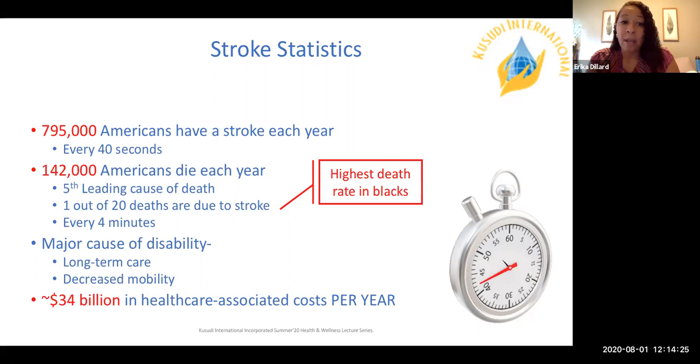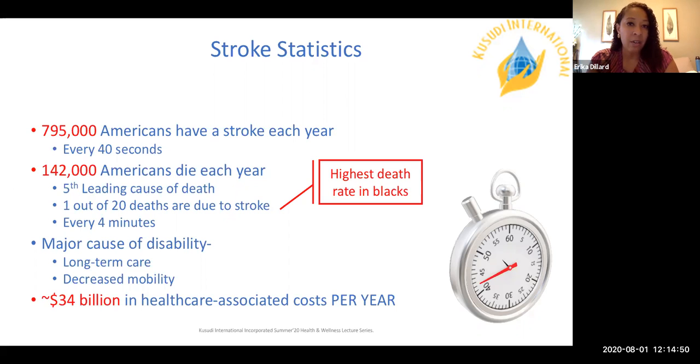Stroke is also a major cause of disability, and that disability may manifest in the need for long-term care after the event happens, and also in decreased mobility of the patient who suffers a stroke. This can lead down the line to a decrease in life outcomes or quality of life.